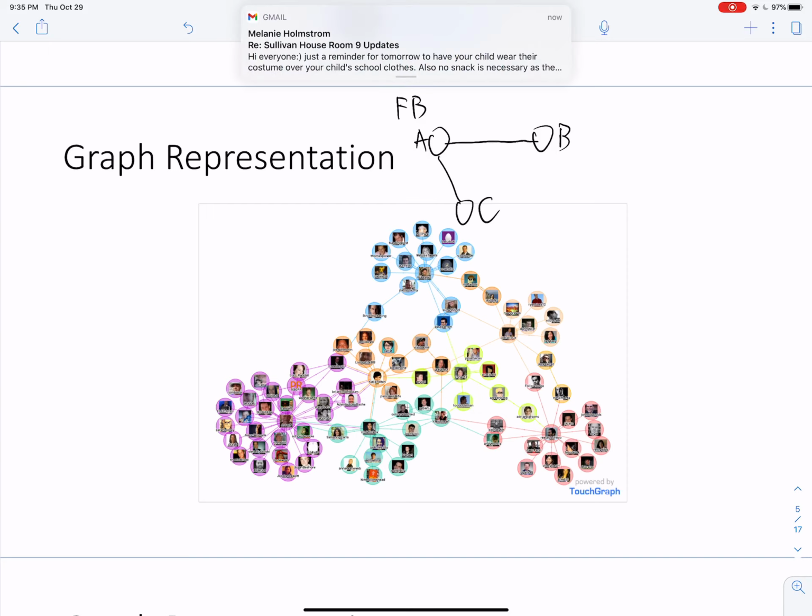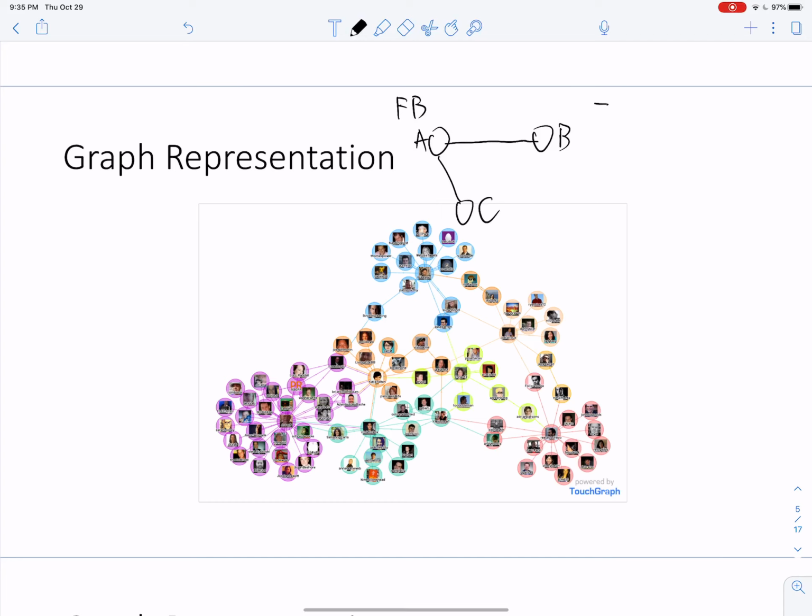And then for Twitter, we can have a similar thing. We can have a couple of people. But a big difference in Twitter is that, for example, this is my Twitter account, and this is our current President Trump.